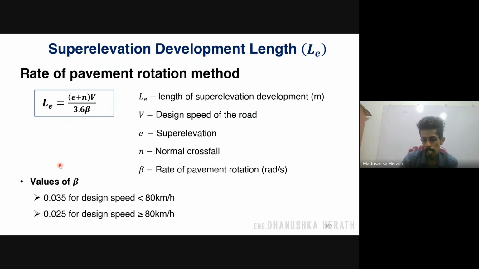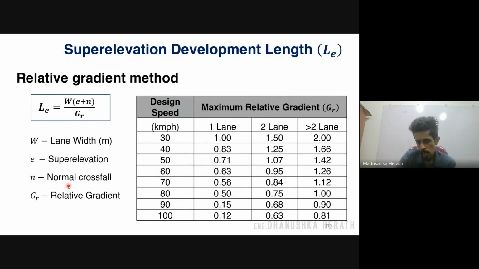So when you are substituting for this one, there is a small thing here. In this case, the relative gradient is a percentage value. E and N also are percentage values. So when you are substituting for this equation, N is 2.5, E is something like 5, right? You can substitute as a percentage value.